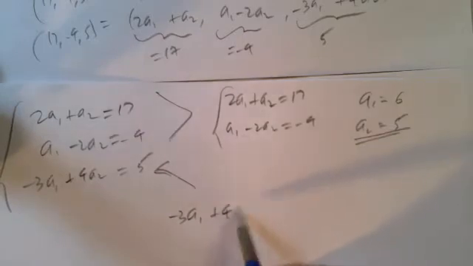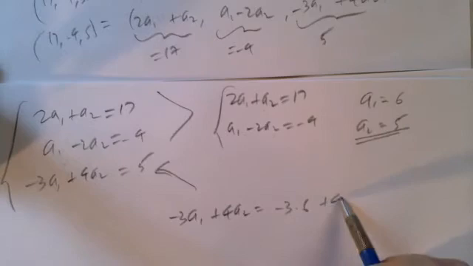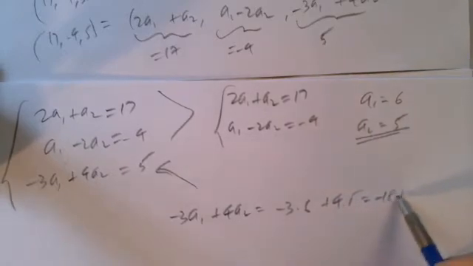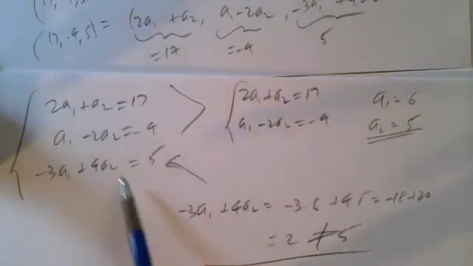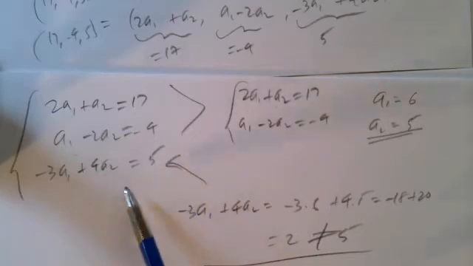Minus 3A1 plus 4A2 is minus 3 times 6 plus 4 times 5. That's minus 18 plus 20. That's 2. It's not 5. So if A1 and A2 satisfy these 3 equations, they satisfy the first 2.